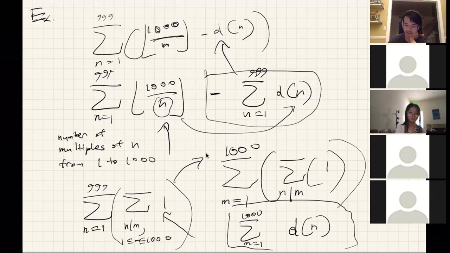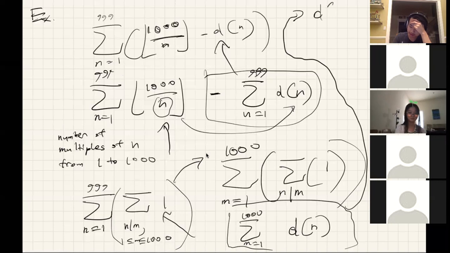So now you can see that Squareman has magically contrived this problem so that 999 of the terms cancel out. All you're left with is d of 1000, because that's the only integer left, the number at the top.